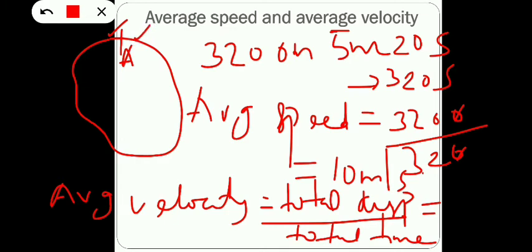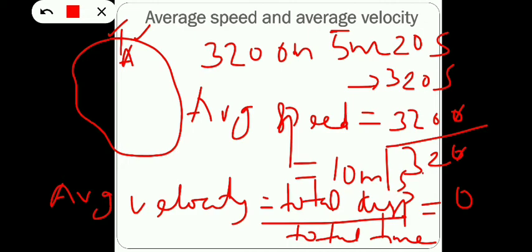So when the initial and final points are the same, what will be the displacement? Yes, it will be 0. We have discussed it in the previous session. So total displacement here is 0. Then what will be the average velocity? 0. So even if the object has some average speed, its average velocity is 0.